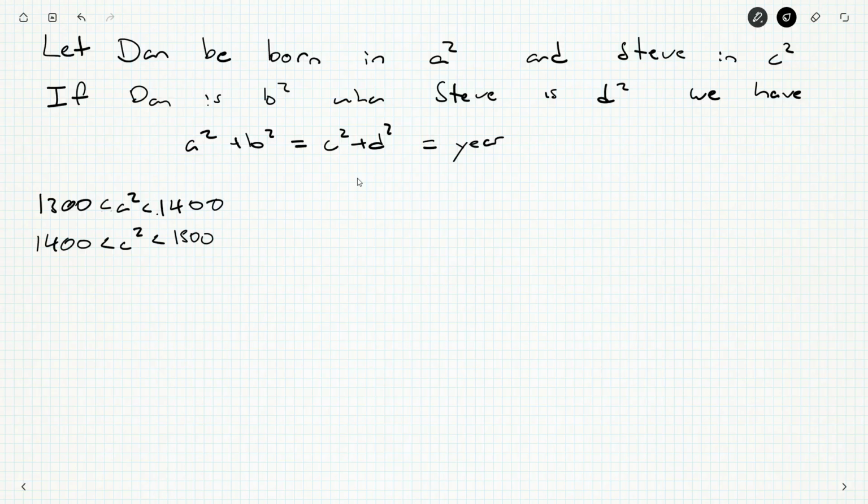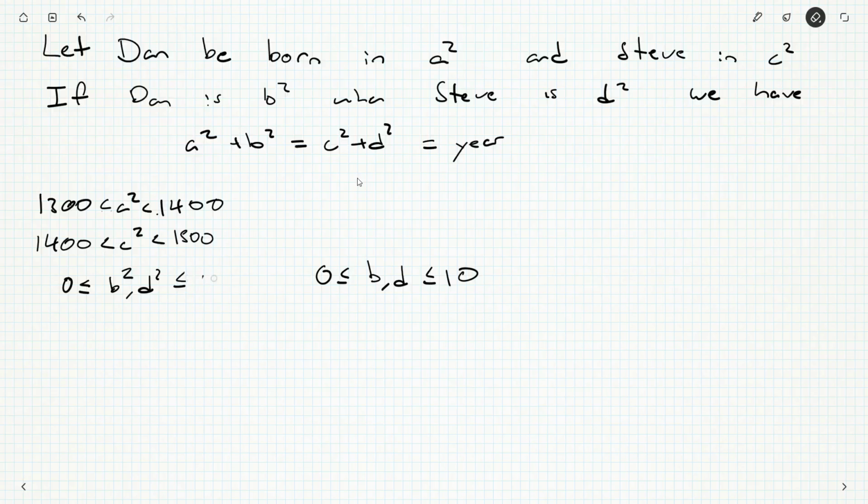We also have 0 must be less than... well, it's April 7th, so I suppose it could be 0, but I very much doubt that's the case. So B squared and D squared must both be less than 110. That gives us a particular range of values. B and D must both be less than 10, because the next perfect square would be 11 squared, which is 121, which is beyond their range.